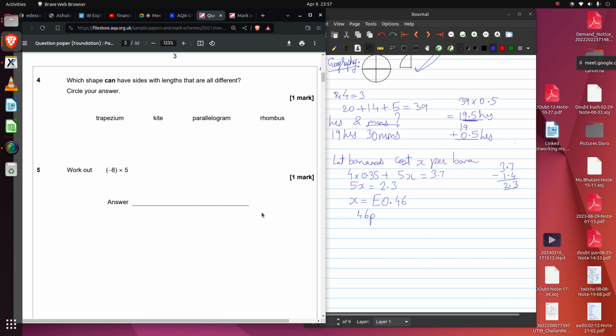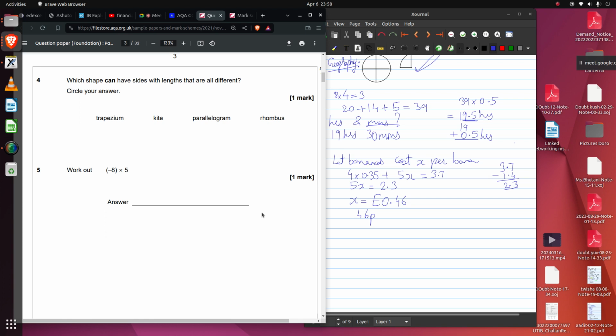Rhombus. All different. That cannot be a rhombus. A rhombus is a quadrilateral where all the sides are equal and the angles at the vertices are not all equal. Parallelogram is equal.